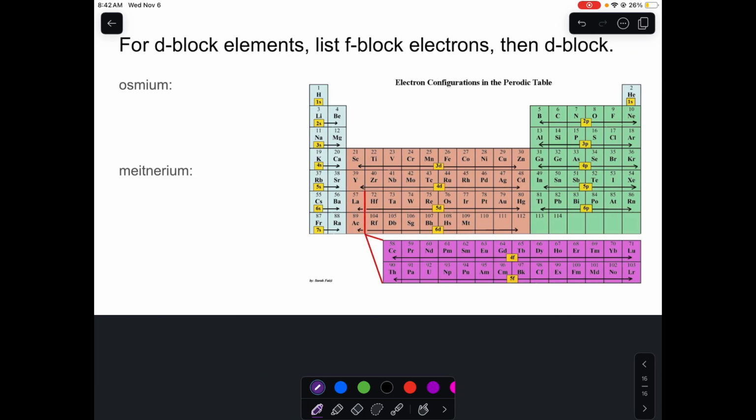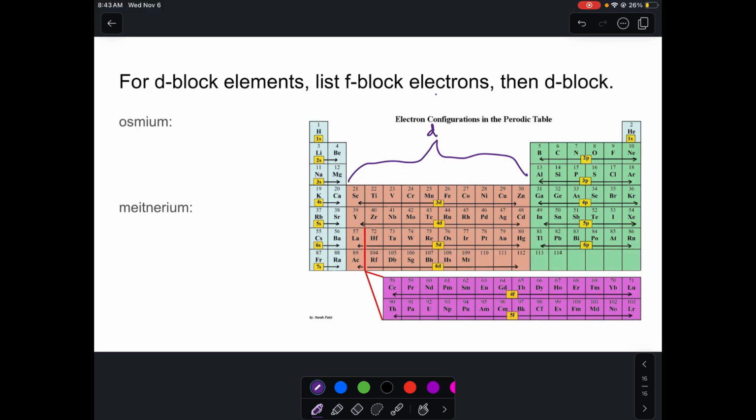All right, for D block elements, we're going to list the F block electrons, then the D block. Okay, for D block, so we're working in here. For D block, list the F block electrons, then the D block. All right, osmium. Let's go ahead and find osmium, 76.